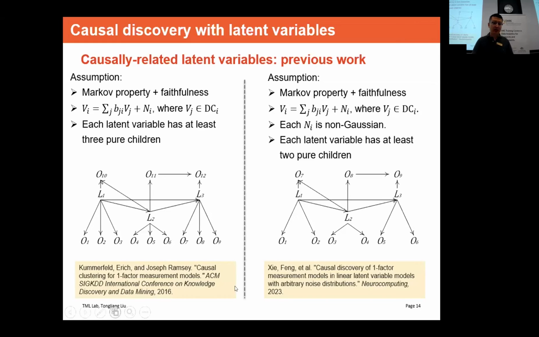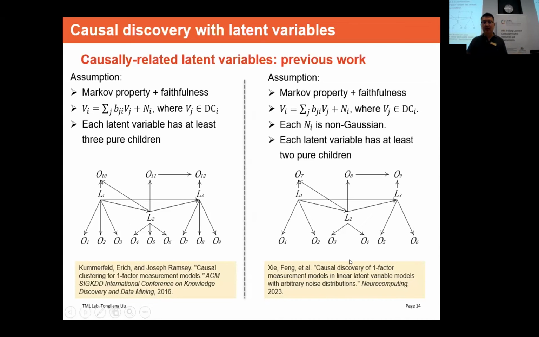For example, one proposed in 2016 assumes there may be dependence among the latent variables, but each latent variable must have at least 3 pure children, which means those children have no other latent parents. With 3 pure children, we can identify the latent variables and further discover the causal relationships.